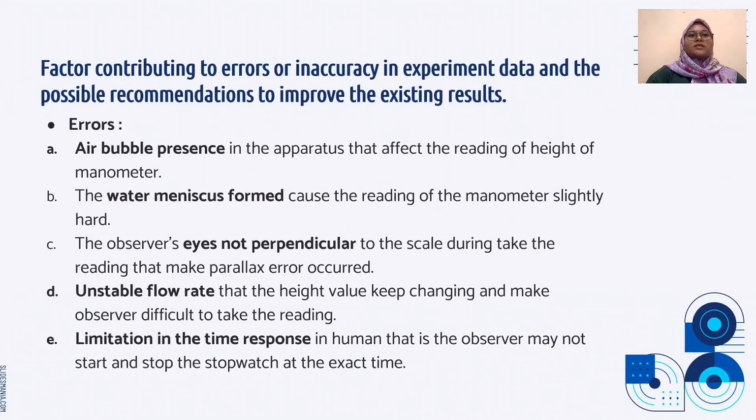The water meniscus formed caused the reading of the manometer to be slightly high. The observer's eye was not perpendicular to the scale during the reading, which made parallax error occur. Unstable flow rate, where the head value keeps changing, makes it difficult for the observer to take the reading. Limitation in time response in humans, that is the observer starting and stopping the stopwatch at the exact time.